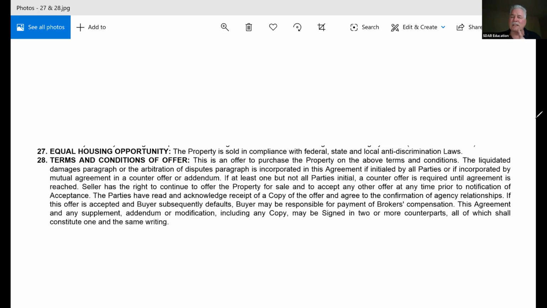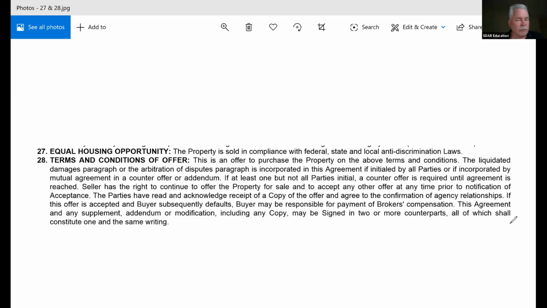Same thing applies with the listing. So if the seller prevails against the buyer, then the brokers are entitled to a portion of the recovery. It's either going to be half of the recovery or limited by their commission, whatever that would have been. So those are important things to know, and your buyer needs to understand that as well. Okay, everybody good? Okay, good.